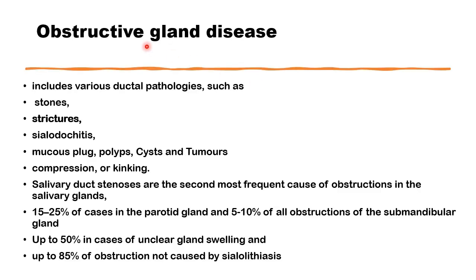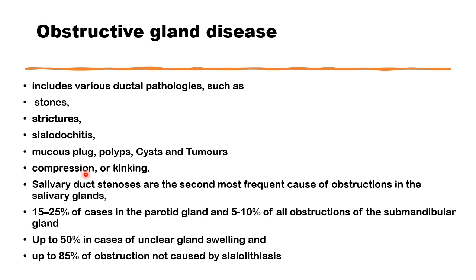The obstructive salivary duct disease is caused primarily by stones and strictures, but also by conditions like inflammation of the duct cells itself, sialolithiasis, and things like mucus plugs or polyps or cysts or even tumors in the duct systems, plus of course compression on the ducts or kinking.